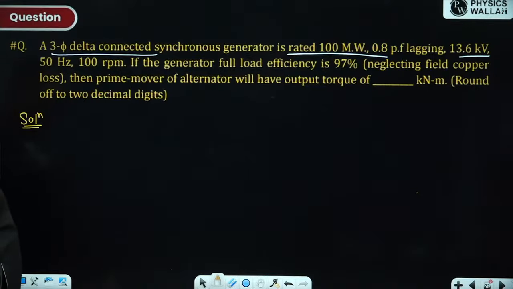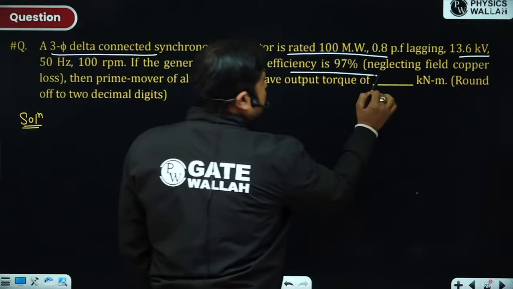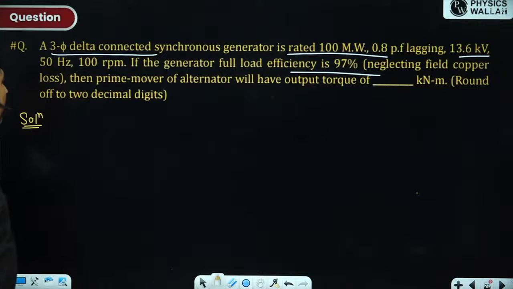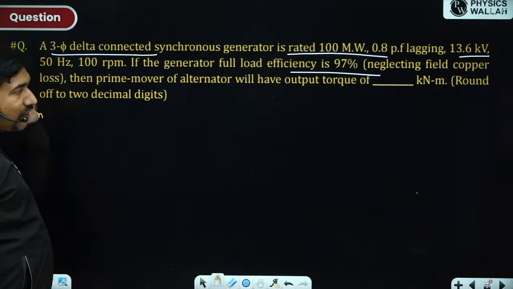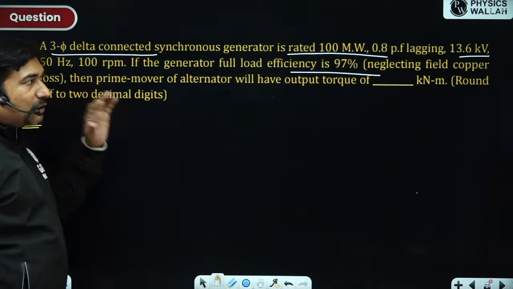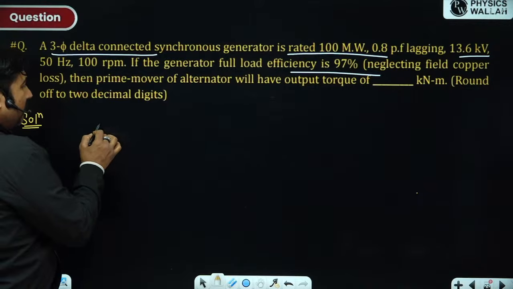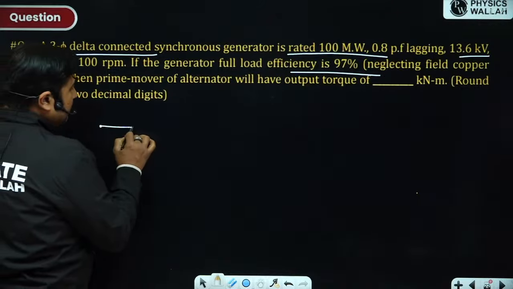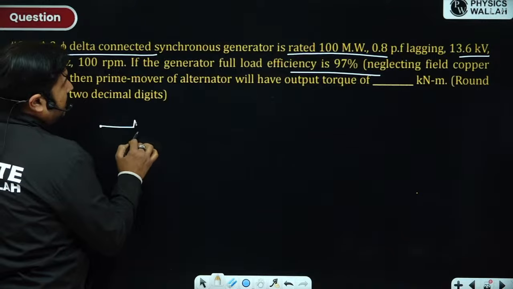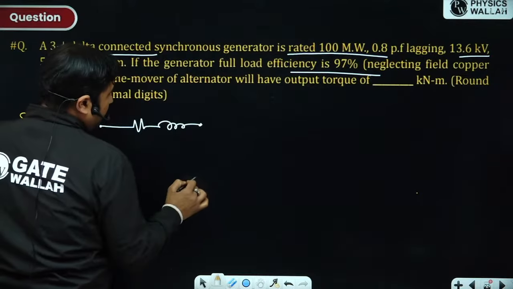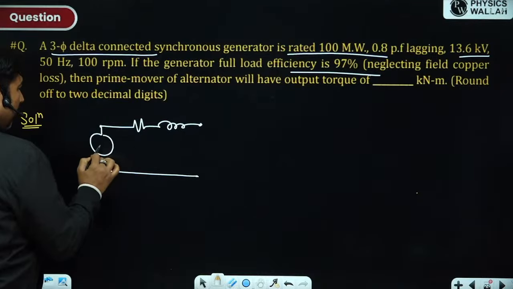If the generator full load efficiency is 97%, neglecting field copper losses, the prime mover of the alternator will have an output torque of... It's a very easy one. Why? Because you know about the prime mover input torque. It's a generator, and in a generator you know the output power of the generator.